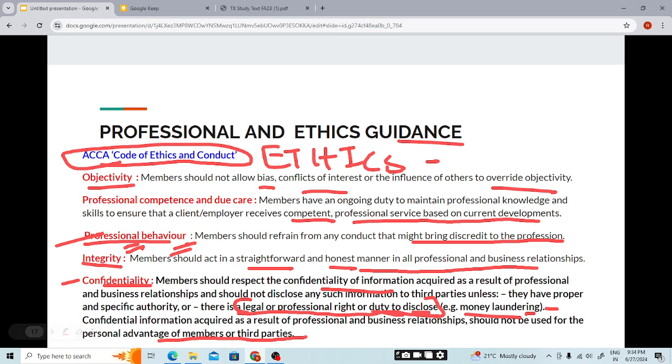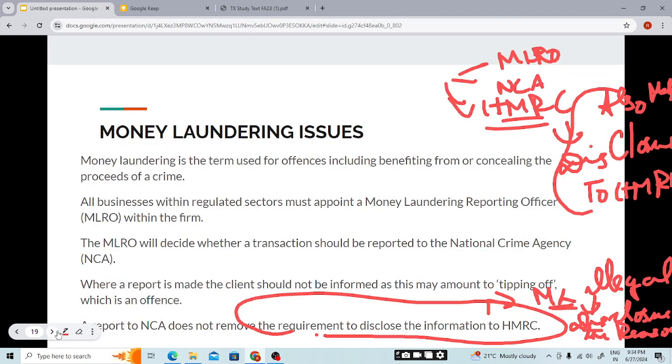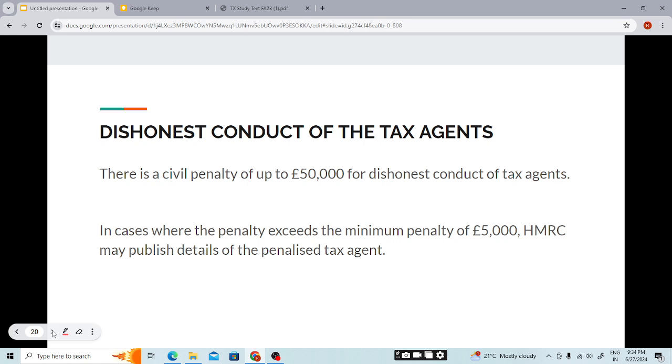You must tell HMRC why you are not acting for the client.